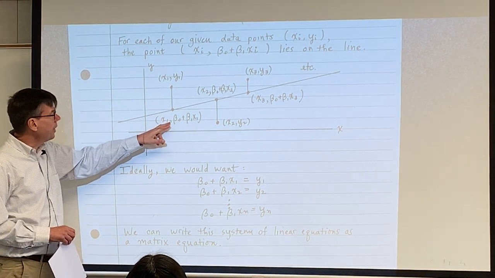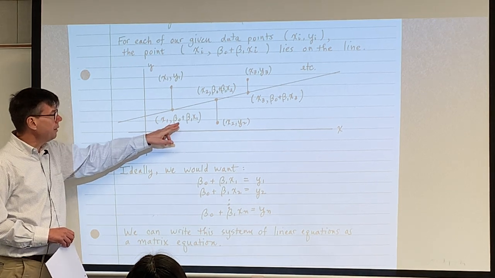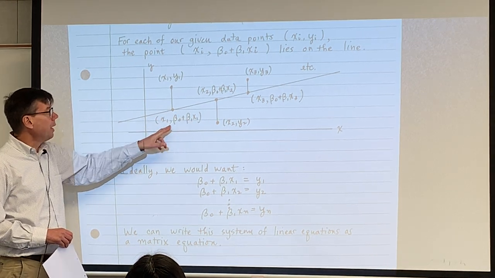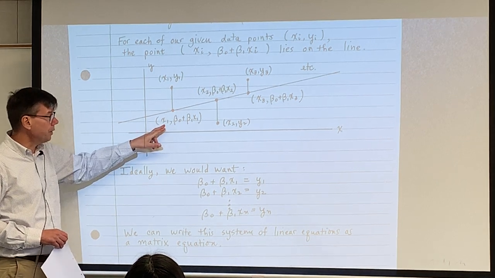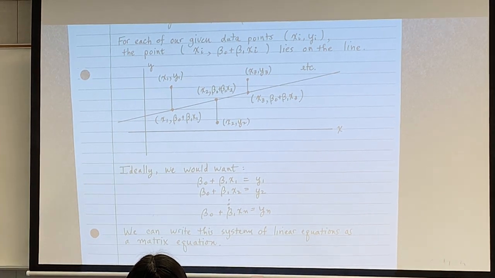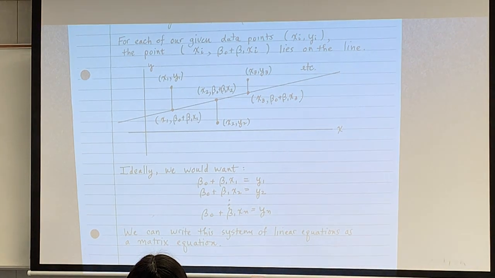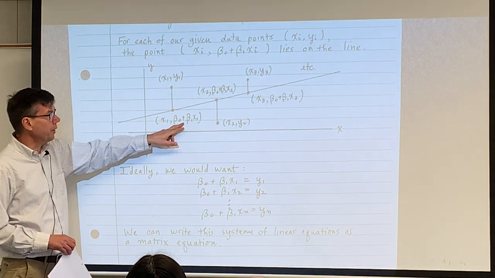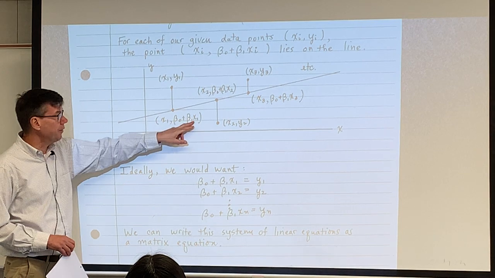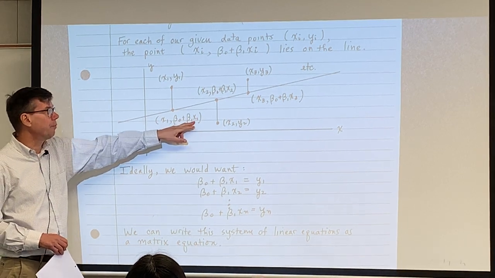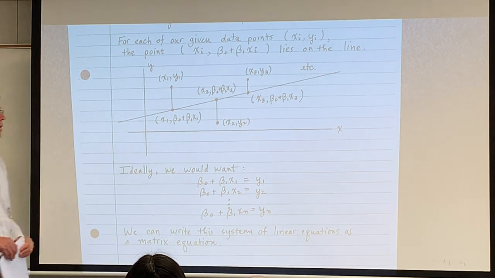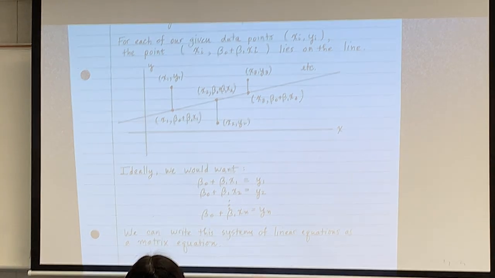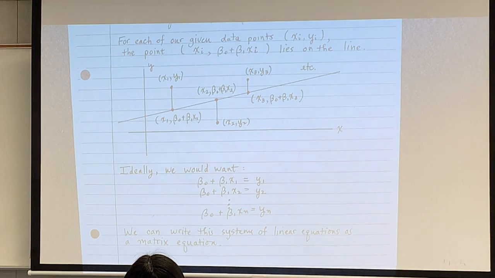We are going to say x1, beta 0 plus beta 1 x1 is a point on the line we're looking for with the same x coordinate. But the y coordinate might be different. The y coordinate is going to be given by plugging into beta 0 plus beta 1 x. So in each case, we have the same x coordinate and a y coordinate obtained by plugging into the formula we're looking for.